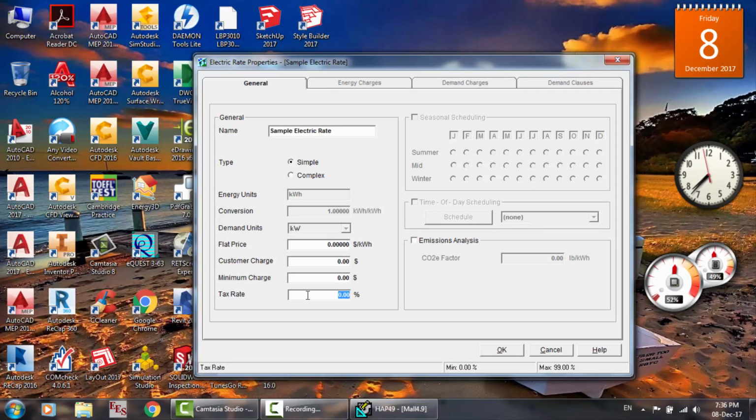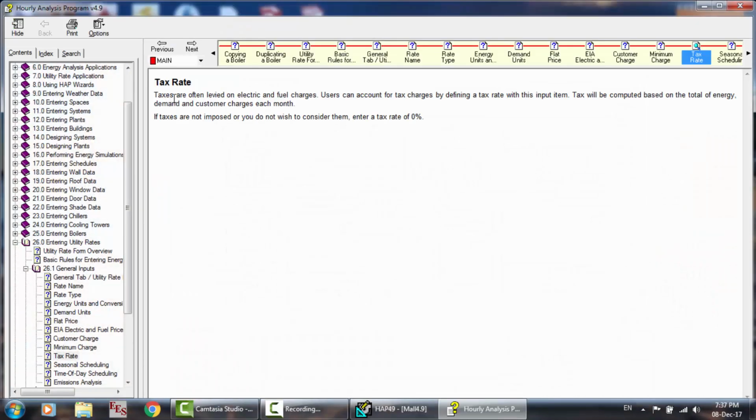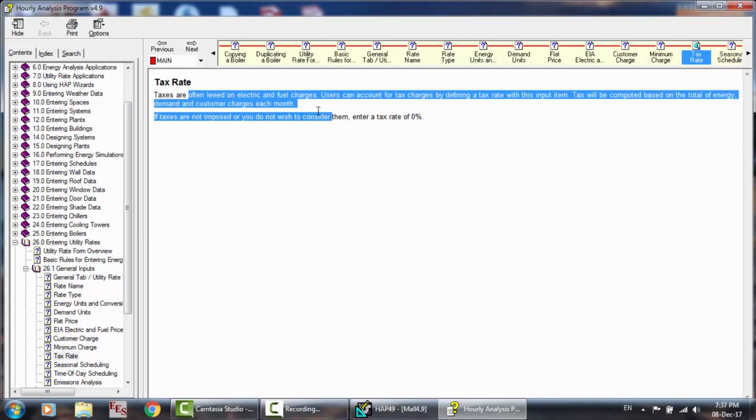Also, if you have a tax rate, you have to enter it here. Percentage taxes are often levied on electric and fuel charges. Users can account for tax changes by defining a tax rate with this input item. Tax will be computed based on the total of energy.